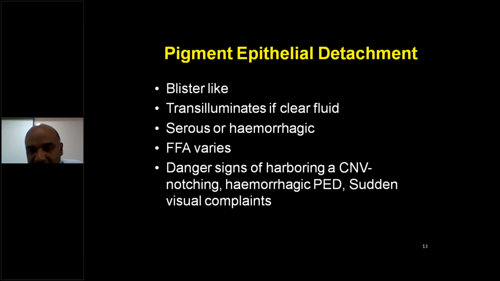Pooling means initially the hyperfluorescence will be minimal. With the time progression, the hyperfluorescence goes on increasing, and even in the late phases of FFA, the hyperfluorescence is maximum. So this is a danger sign for harboring CNV or hemorrhagic PED, or sudden visual loss.